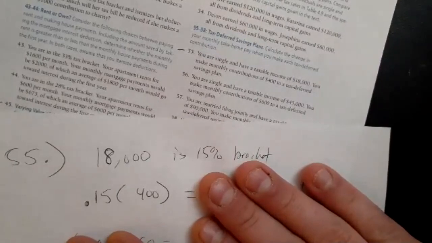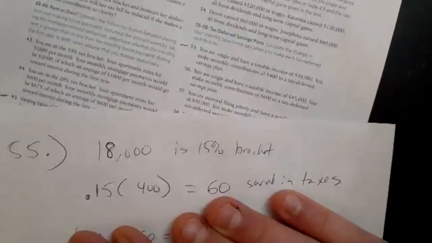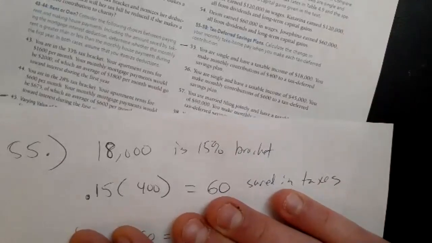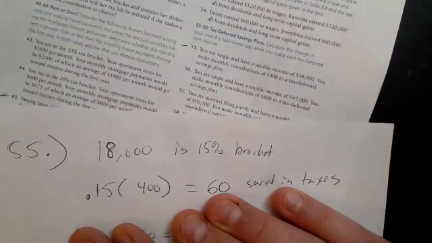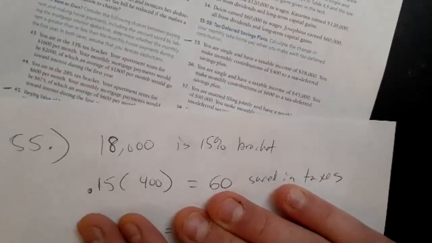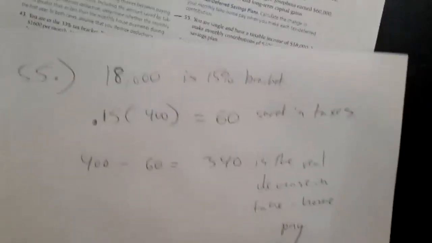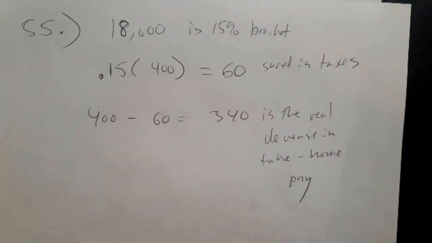Well, how much of a break are you getting? You're getting a $60 break in your taxes. And so if you save $60 on your tax per month, you didn't actually pay $400. You actually paid $340, is what they're trying to get at with this problem. And so what you're actually paying is $340.